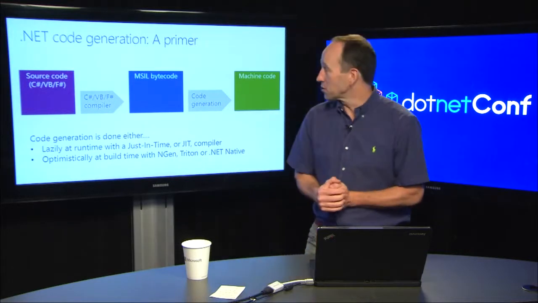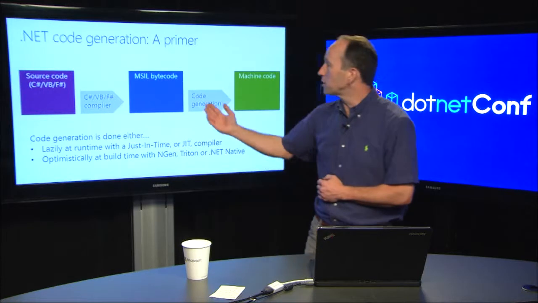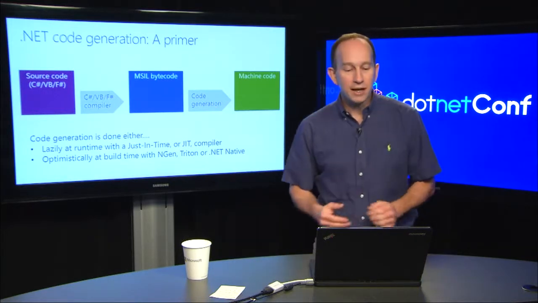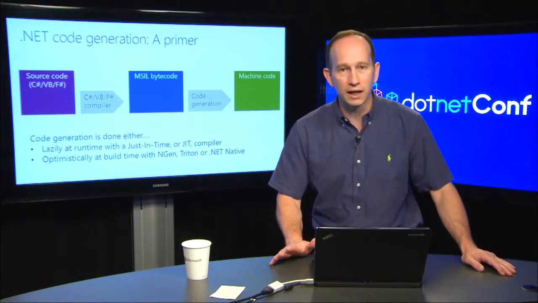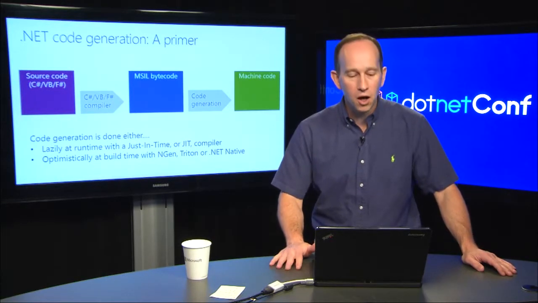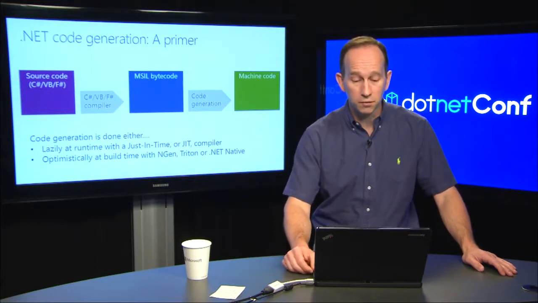So .NET code generation. You start with C# source code, VB source code. You compile it with a compiler such as Roslyn. You end up with MSIL bytecode. MSIL bytecode is where my team comes in. This is the Microsoft Intermediate Language. It's a stack-based language, which is an abstract machine representation of your program.